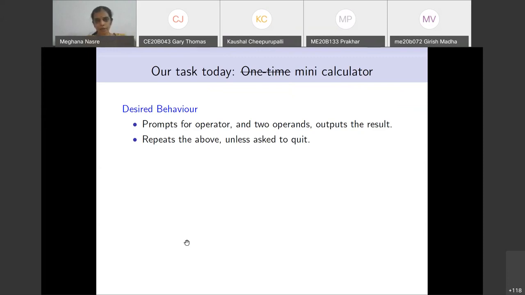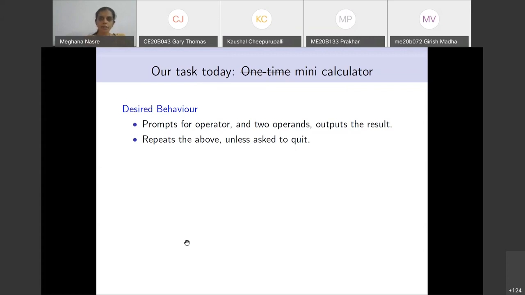So it prompts for the operator, it prompts for the two operands, and outputs the result. But unlike the mini calculator in the last class, it will also repeat this. This is where we are going to introduce our first C construct, which is a looping construct. We have already seen this repeat construct, which we used in the simple CPP, but we don't have that in C. So we are going to take one of the looping constructs, see the behavior of that, exploit that in several ways, and see some details about that construct itself.